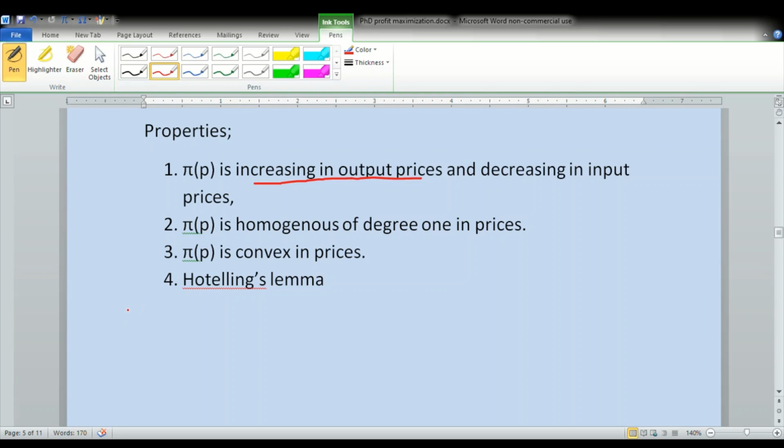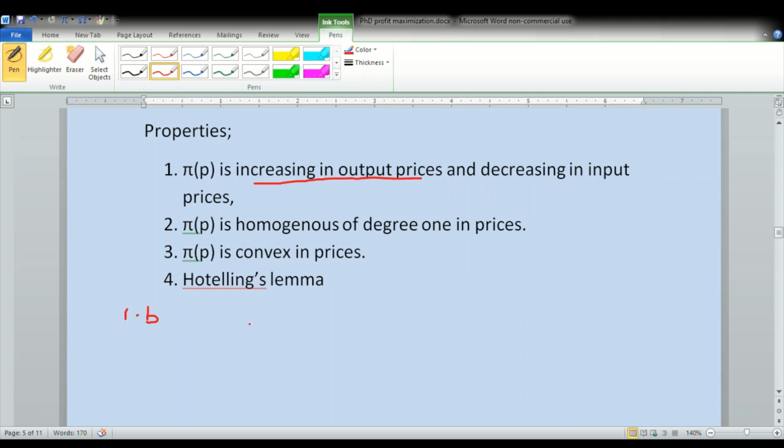Let's now prove that the profit function is decreasing in input prices, that is, as input prices increase, profit decreases.